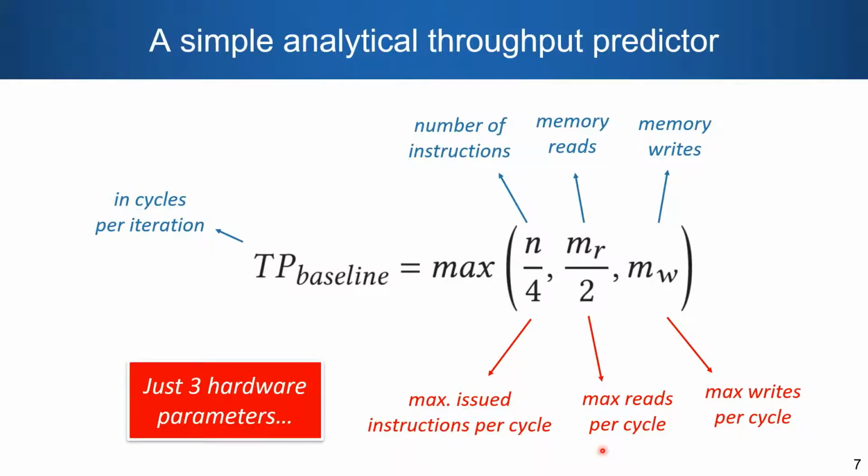And so Skylake can perform only 1 write per cycle. If we look at this, then we see that this formula contains only 3 hardware-specific parameters, which would be the 4, the 2, and the 1 here.